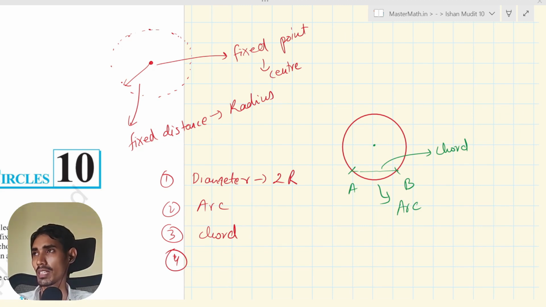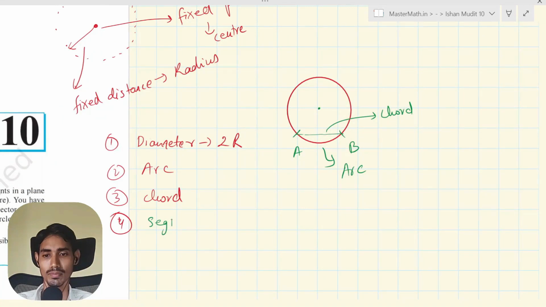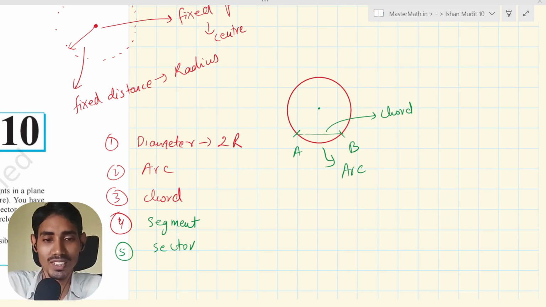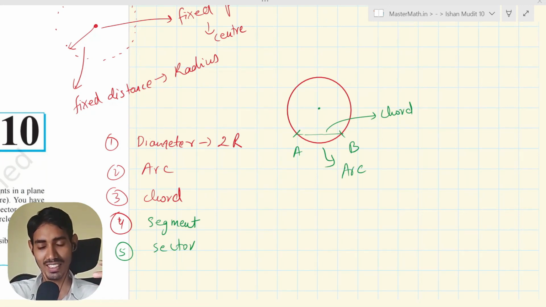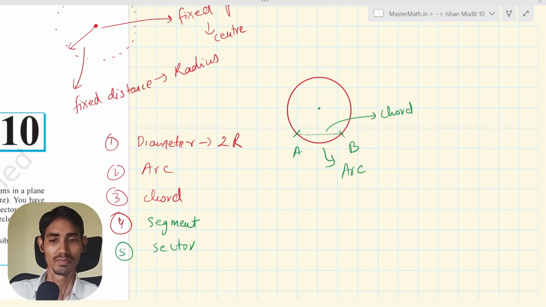So now what are segment and sector? Yes, Mohita. You're only two people, so continue. Segment is like the area that the chord produces up to the circumference.